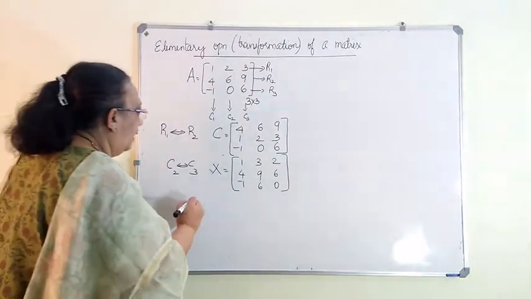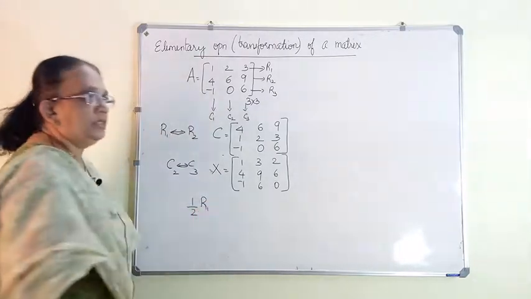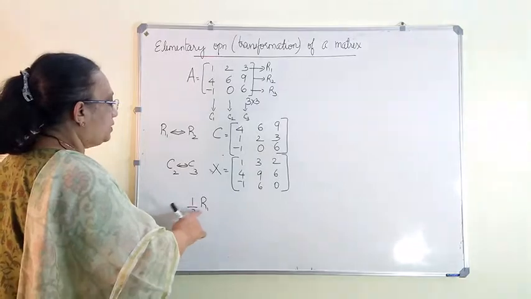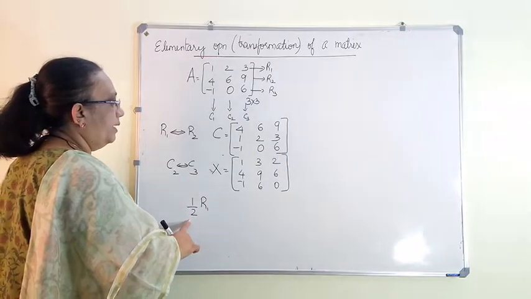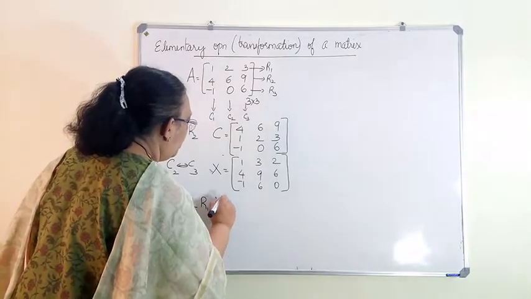Now, scalar multiplication I can do. Transformation, change. That is, first row I am multiplying by a scalar quantity 1 by 2. It is equal to Y matrix.